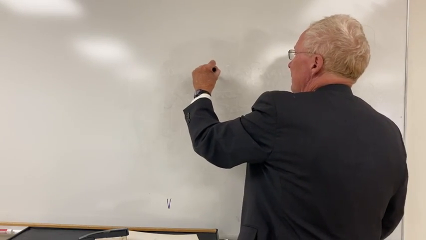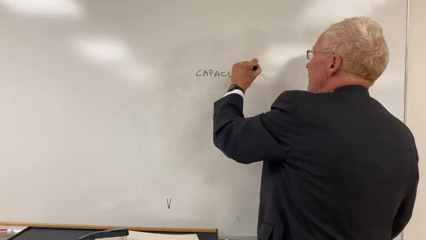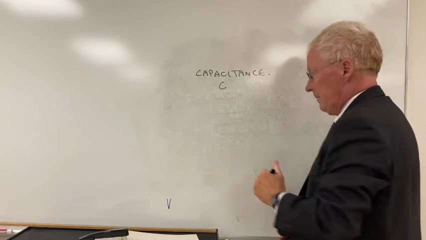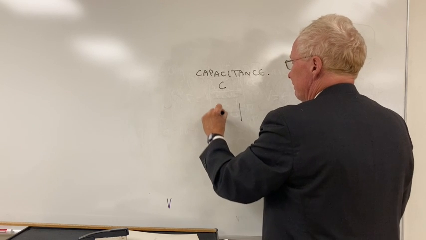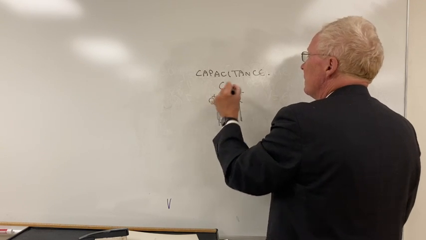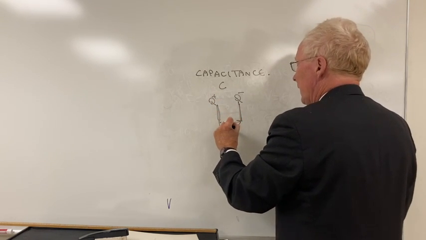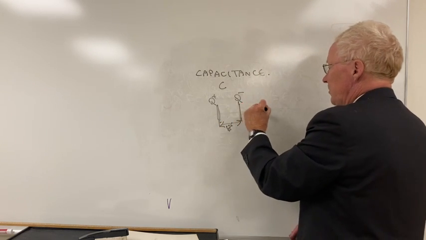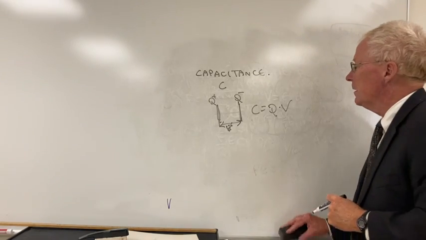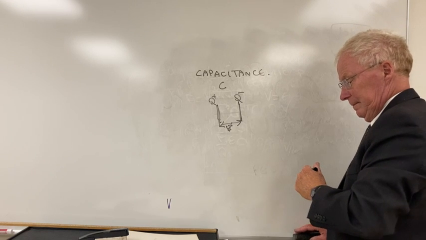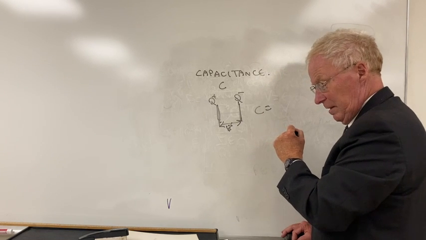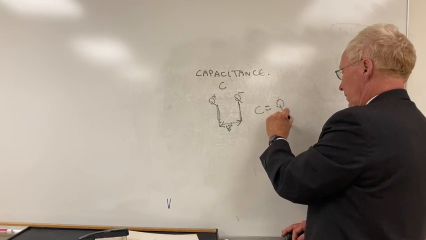Then capacitance, C. For two parallel plates that have plus Q and minus Q, and a voltage between them, a capacitor, C is defined as Q over voltage.